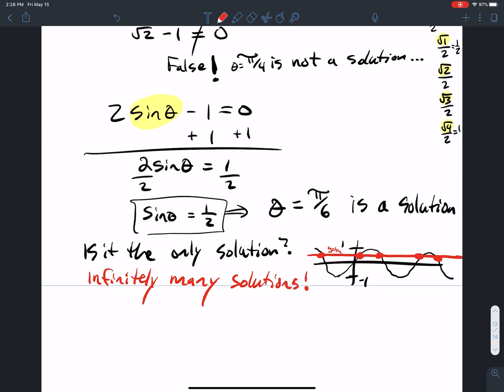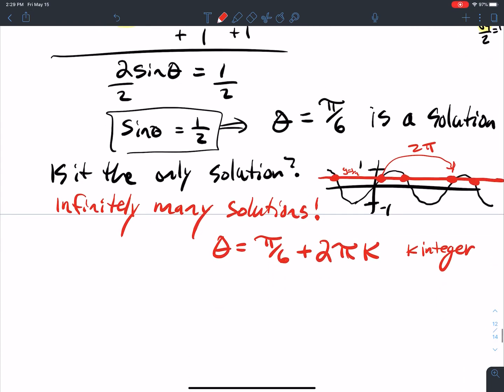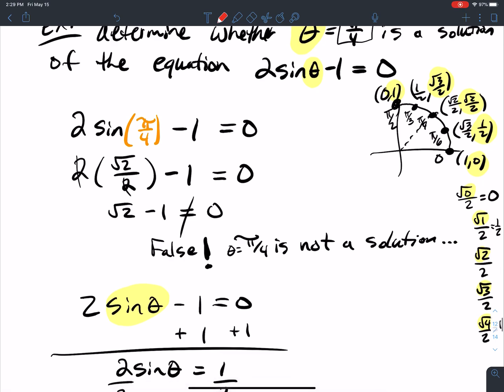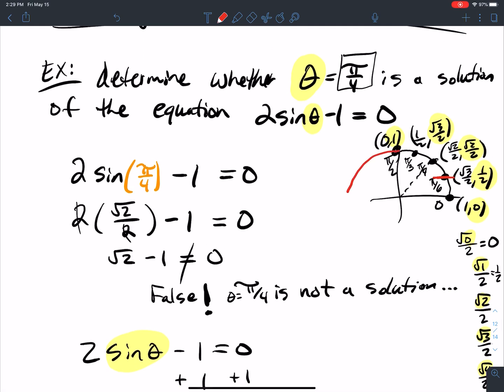Okay, so how long is a period for sine? Sine has a period of 2 pi. So not only is pi over 6 a solution, but also pi over 6 plus any multiple of 2 pi, where k is an integer, is a solution, okay? Now what about these solutions right here, that second side of the hump? Well, let's think about our unit circle. 1/2 is right there, but if I go on the other side of the circle, over here, this is -√3/2, 1/2.